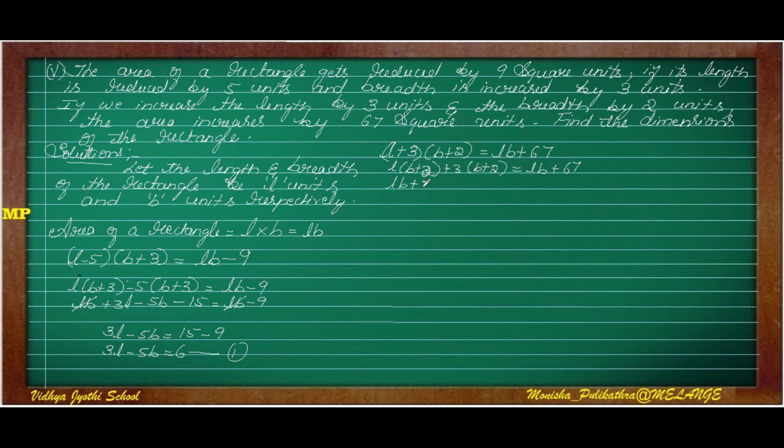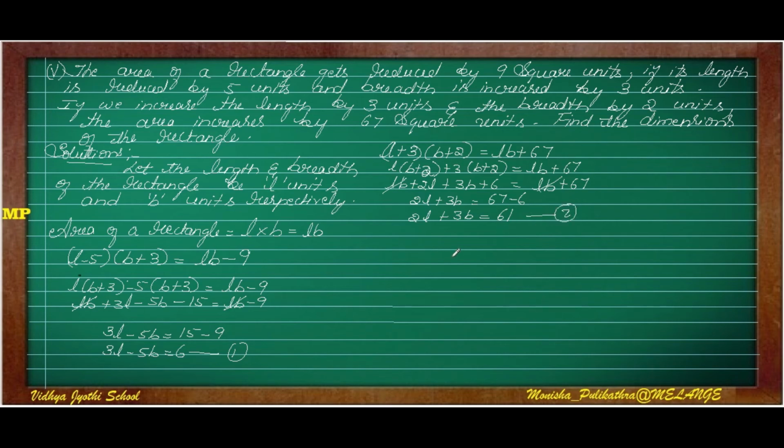So LB plus 2L plus 3B plus 6 is equal to LB plus 67. LB and LB get cancelled. So 2L plus 3B, shifting 6 to this side, is equal to 61. So this is equation 2.